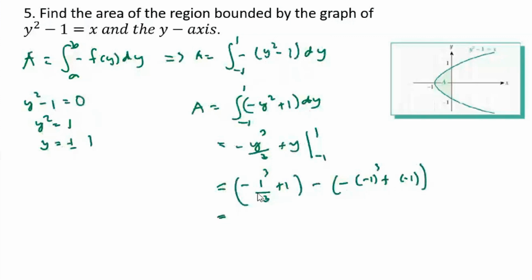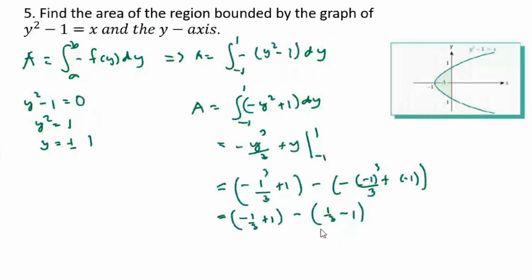Simplifying, 1 cubed times negative is negative 1/3 plus 1, minus, since the cube of negative 1 is negative 1, negative 1 over 3 times negative becomes 1/3, then minus 1.